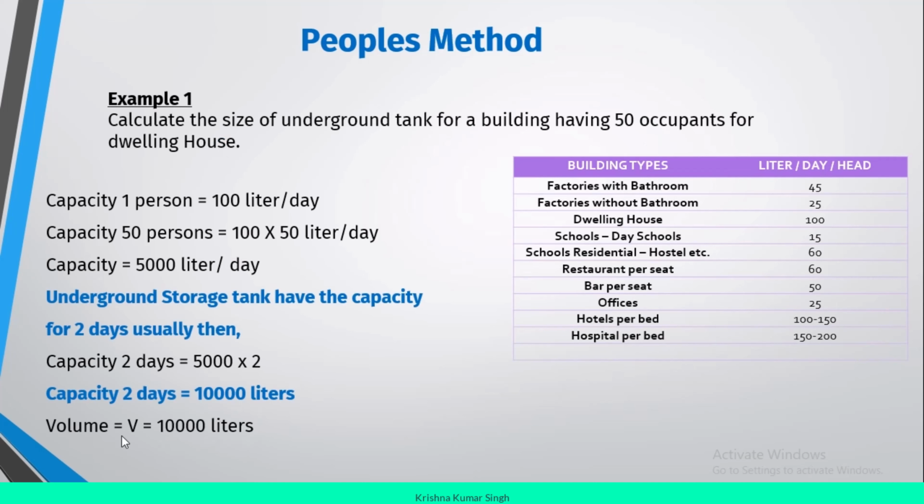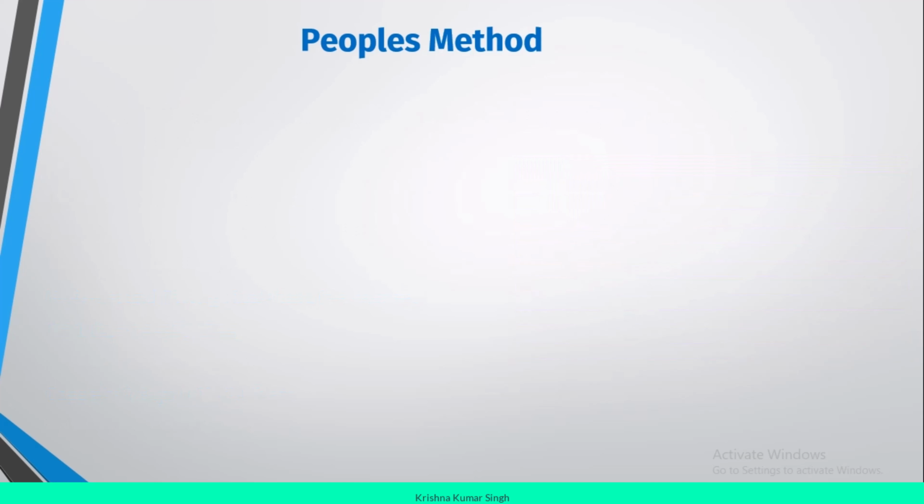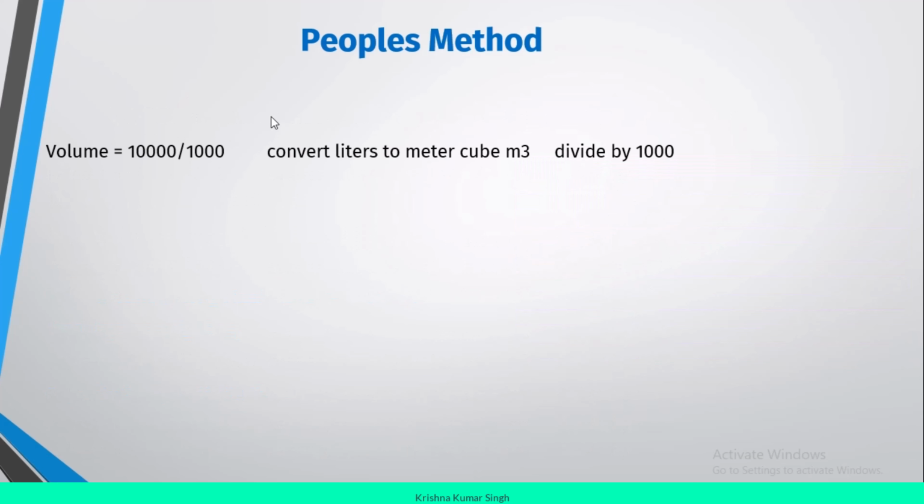I have to convert liters into meter cube. You can use online calculators, a number of calculators are available online. I will provide you the formula. Simply divide the volume by 1000. To convert liters to meter cube, divide by 1000. So I will divide my 10,000 liters by 1000, so it will be 10 meter cube.